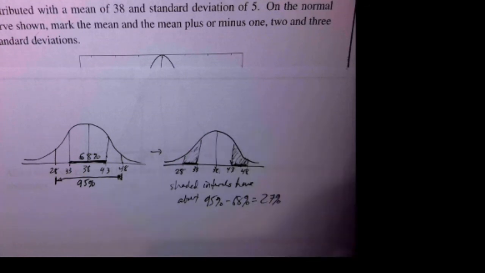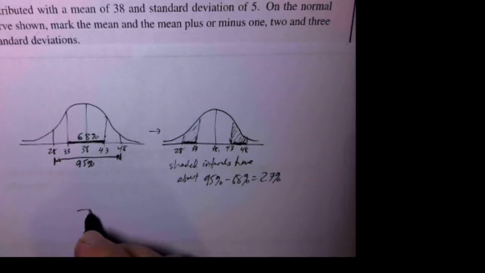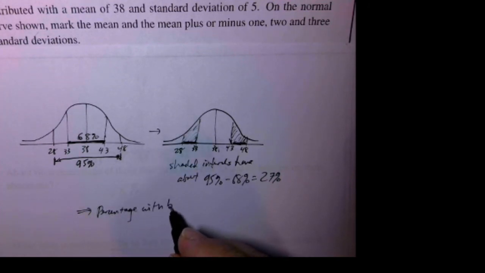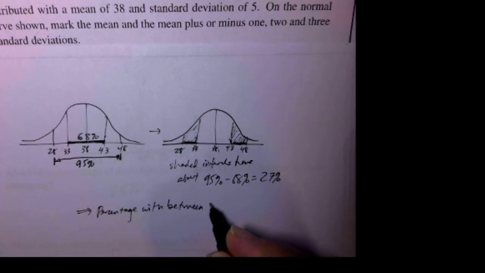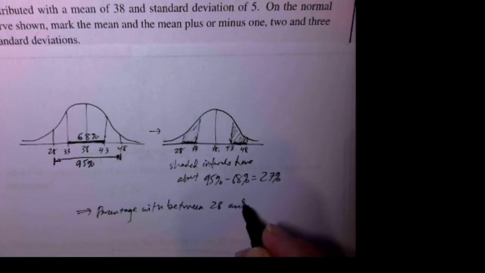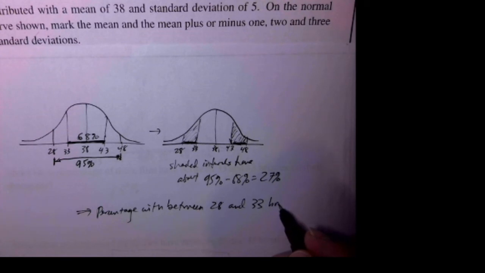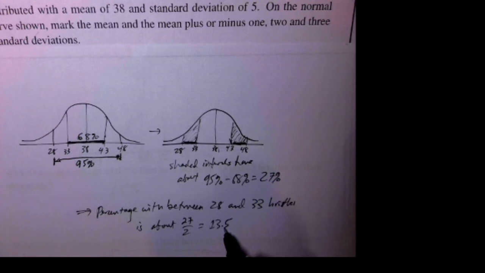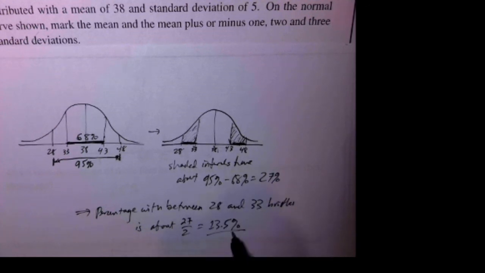So this says that the percentage with between 28 and 33 bristles is about 27/2, or 13.5%.